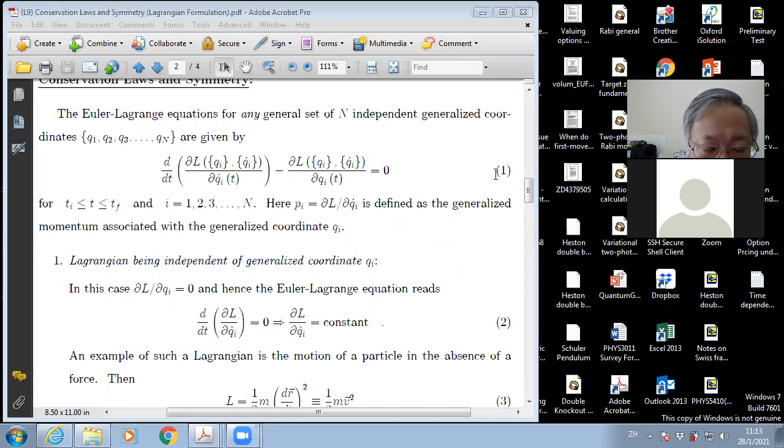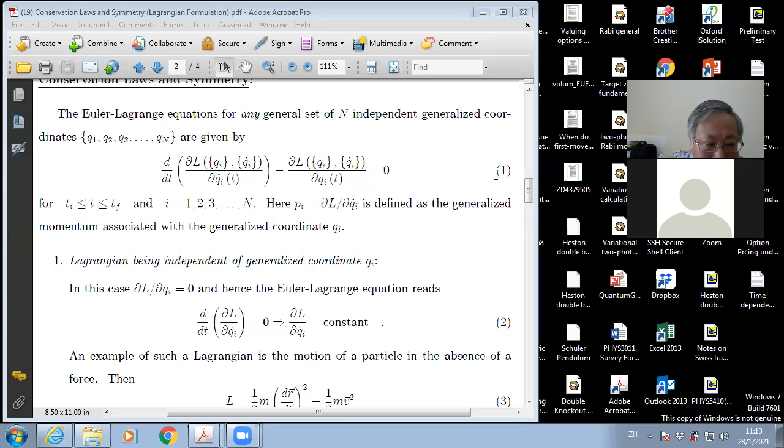As in the example of the double pendulum, the generalized coordinates are the angles phi and psi. You can see that phi and psi are angles and have different dimensions in comparison to the Cartesian coordinates x and y.